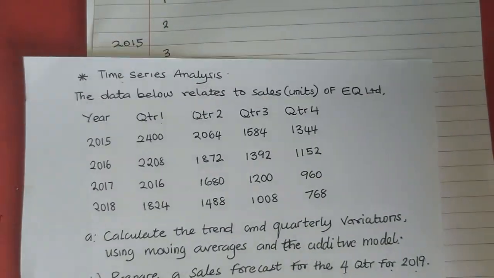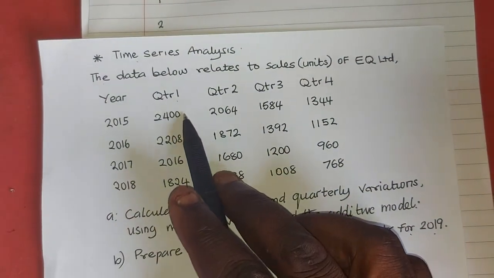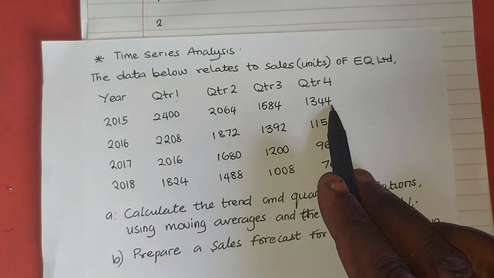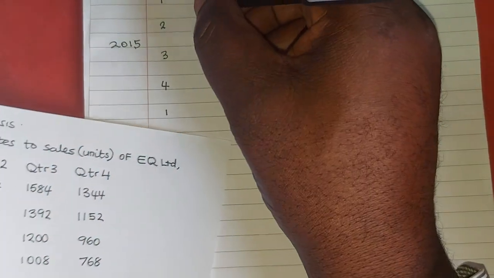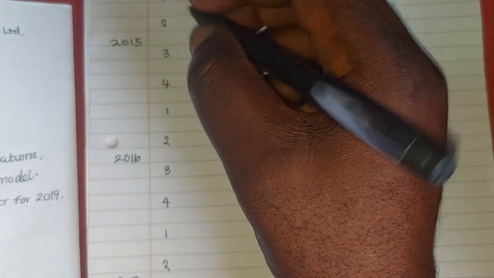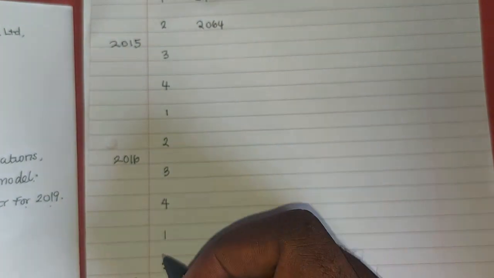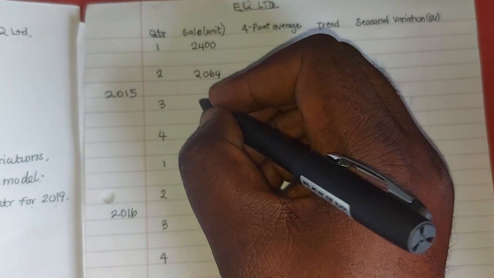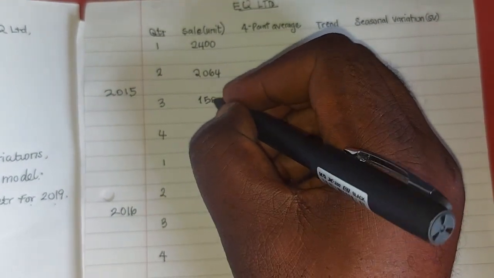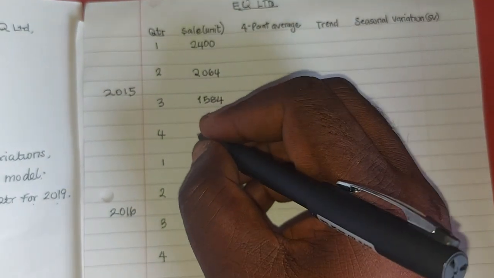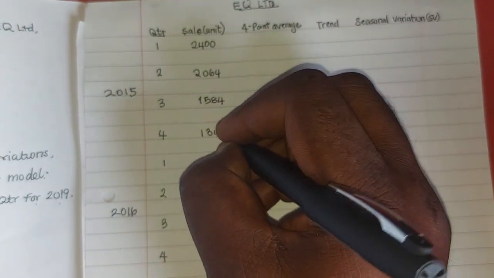Then you repeat your sales value. The sales value for 2015. So we have 24. For quarter 2 is 2064. 1584. For these we have 1344.